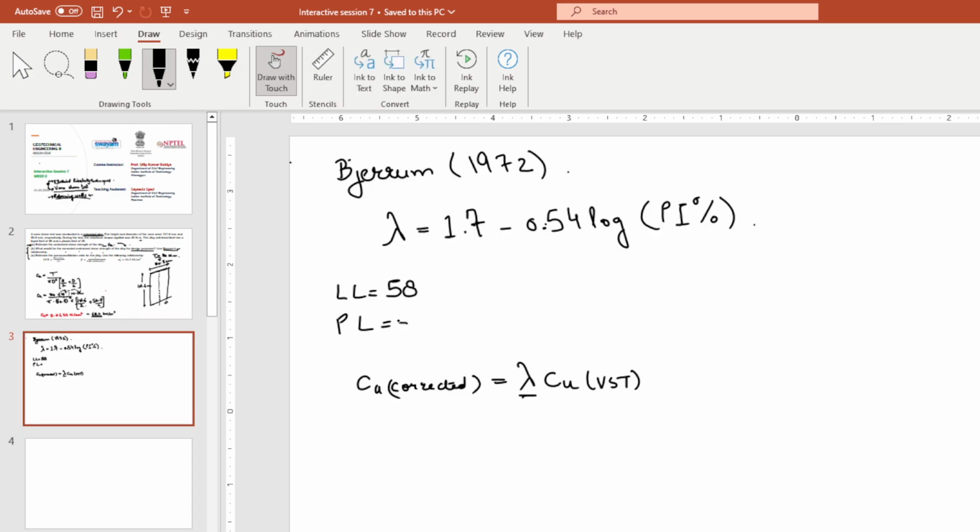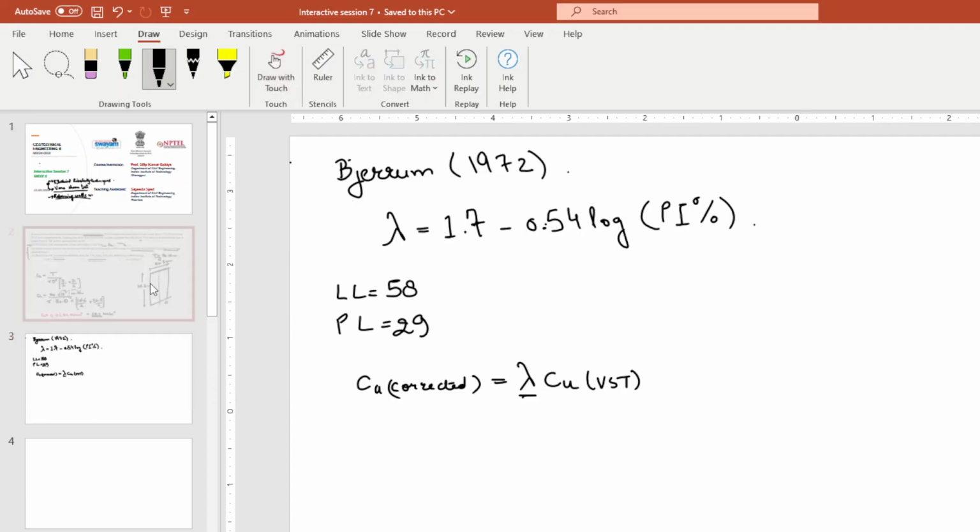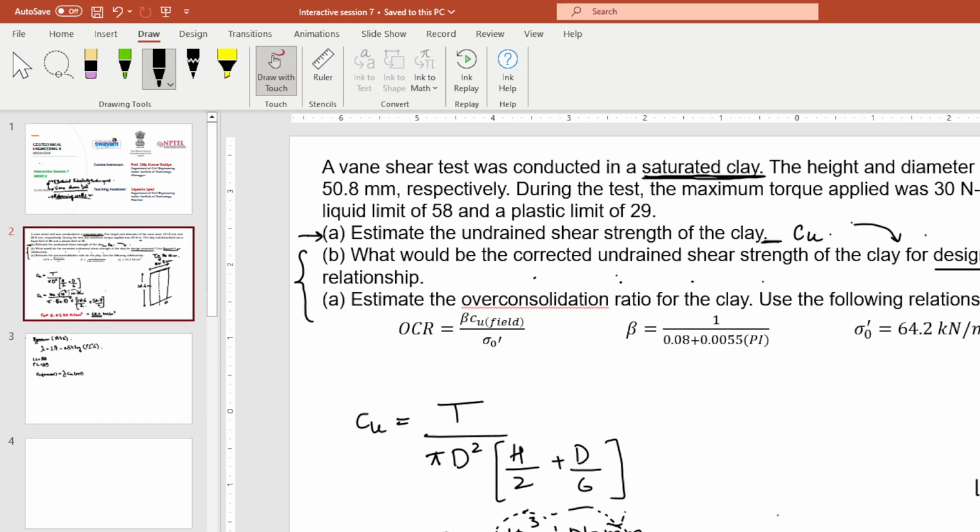No, I did not say that. What I'm saying is that usually in actual tests performed by the vane shear test, you get a very high Cu value, which may be correct also. It is not that this value is not correct, but when we go for design, we want to be conservative.